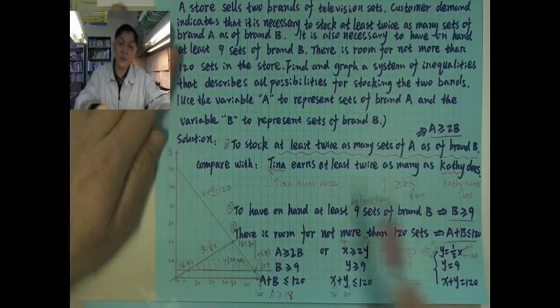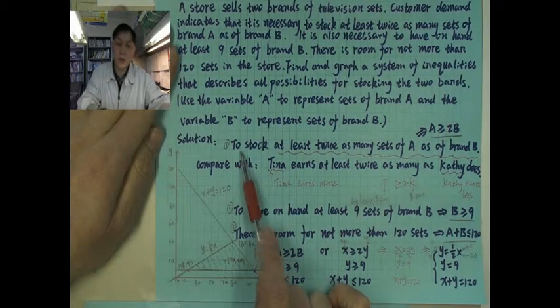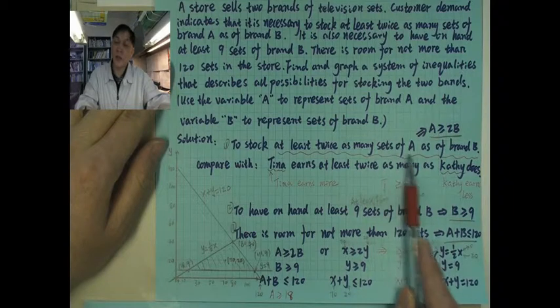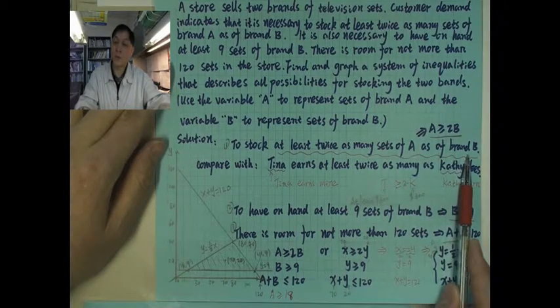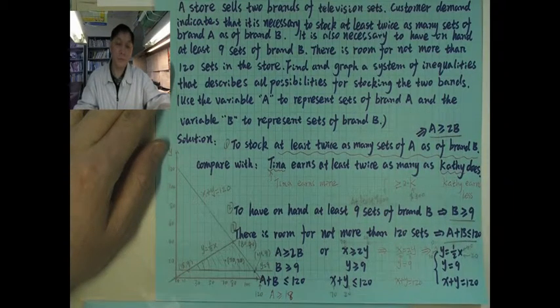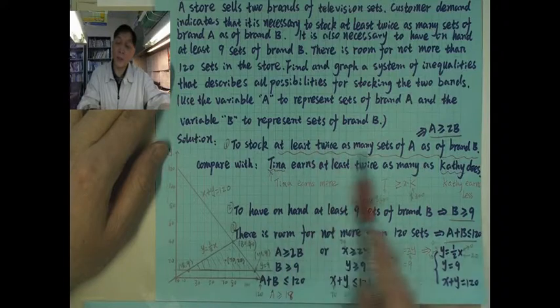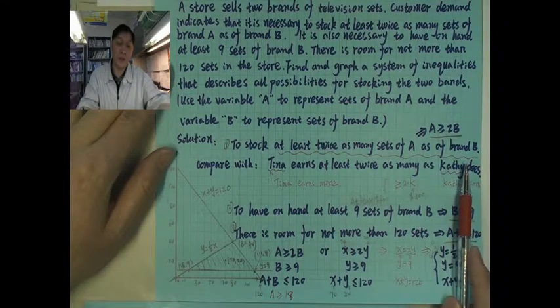Now let's look at the first sentence. To stock at least twice as many sets of A as of brand B. This sentence probably is not really that clear for us at the beginning.